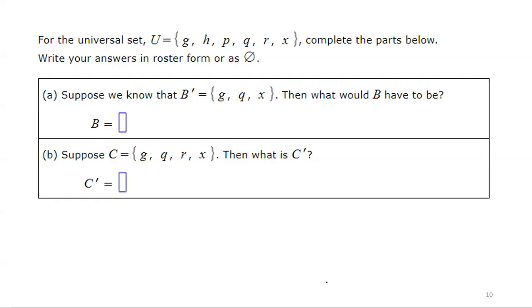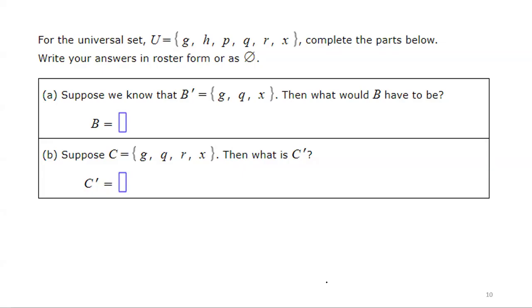In the kitchen, you have your refrigerator, the stove, plates, cups, things like that. All these items will be your universal set in your kitchen. Maybe the couch is not in the kitchen.